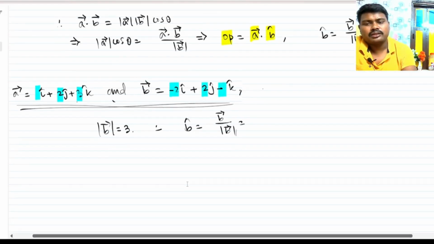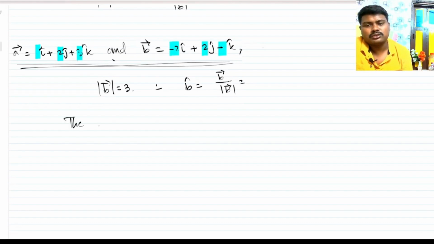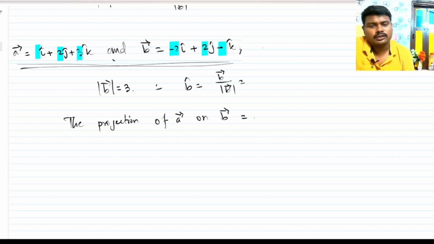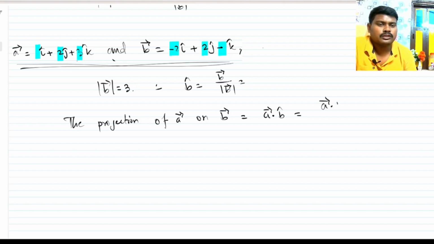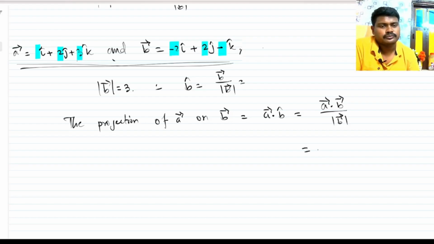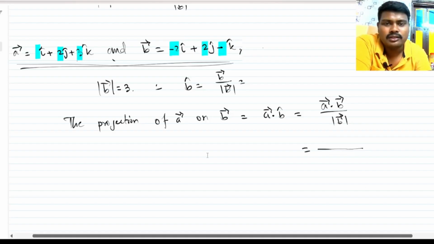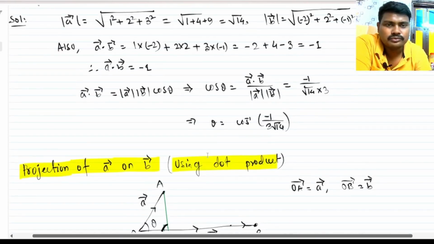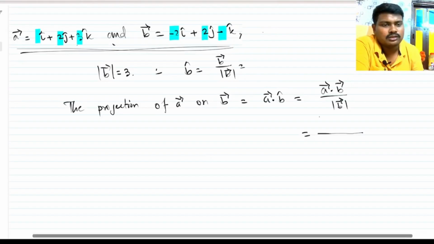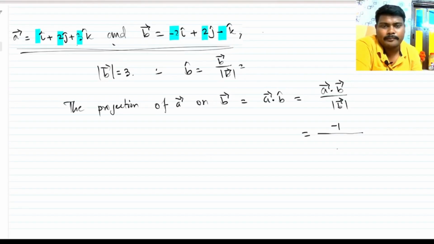Therefore, the projection of a on b vector is equal to a vector dot b cap, that is, a dot b vector by mod b vector. We already evaluated a dot b, which is minus 1, and mod b is equal to 3.